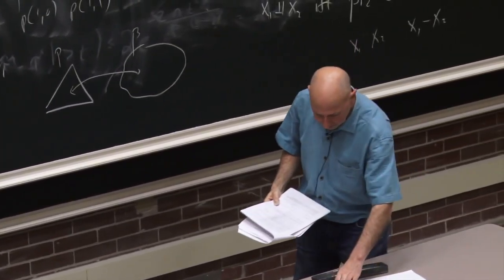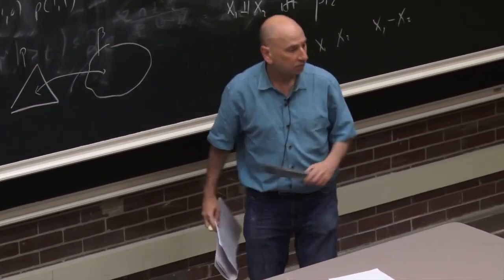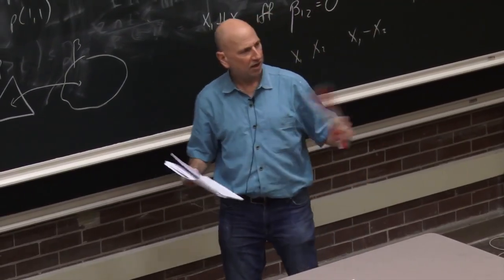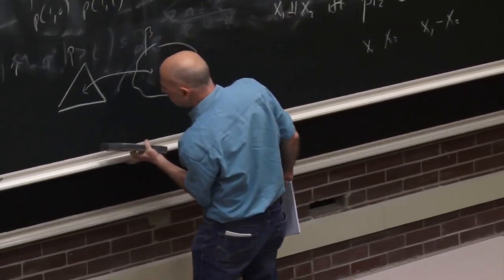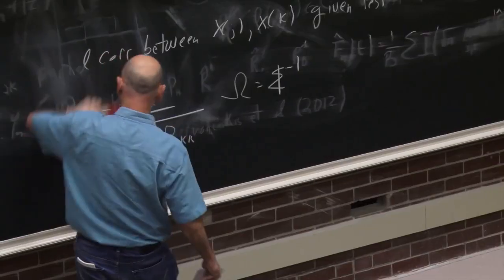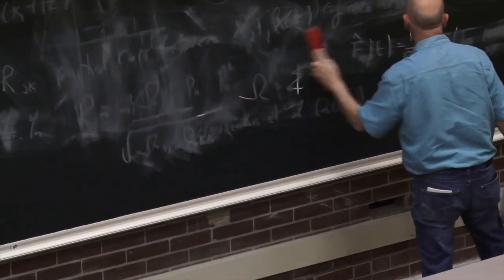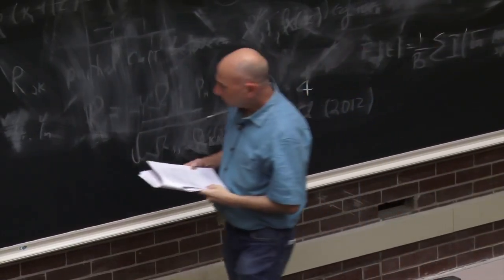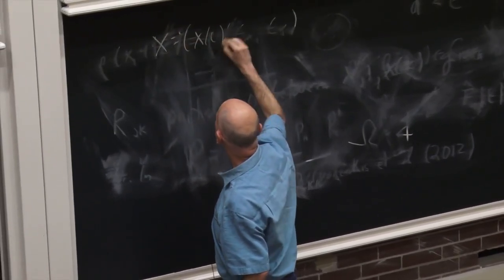But now let's talk about the general case. What makes this interesting is it extends immediately. Immediately we can go to high dimensional, or at least multi-dimensional cases. So now, let's suppose I have a multi-dimensional vector.